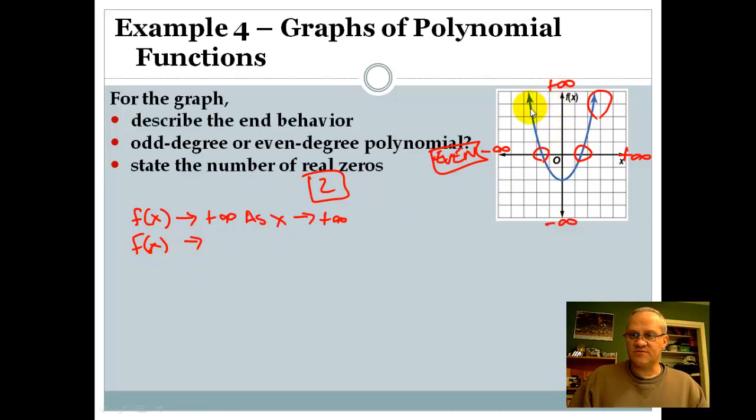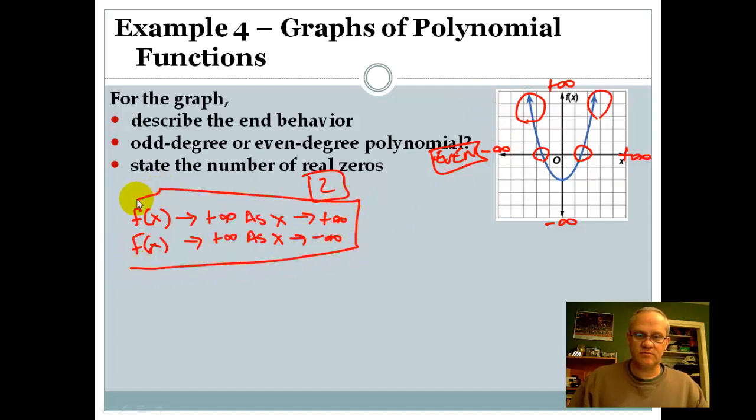It's also going up, so going towards the positive infinity as x is approaching what? This time it's also going not only up but to the left, so it's approaching negative infinity. So that would be your end behavior that you would describe there.